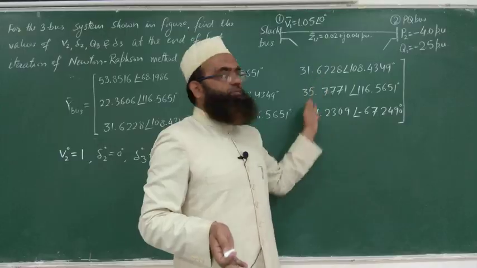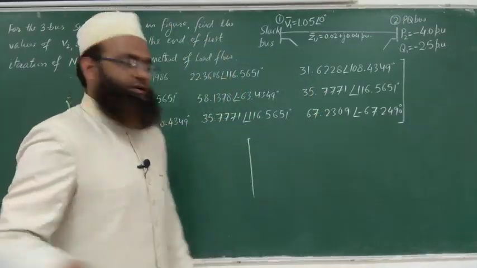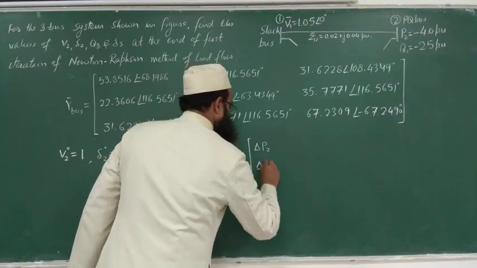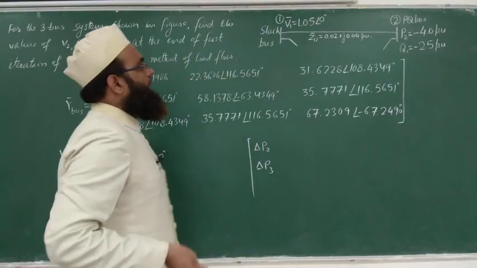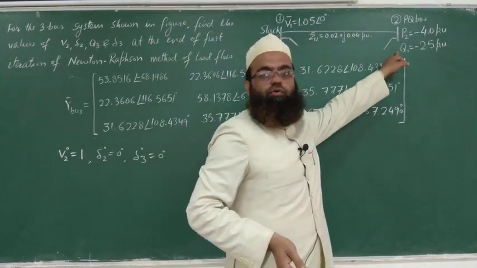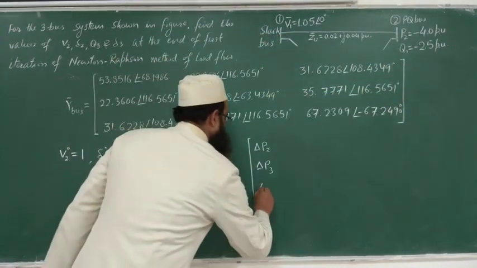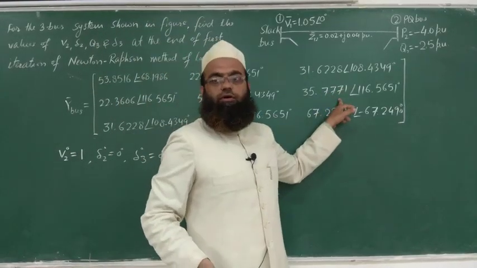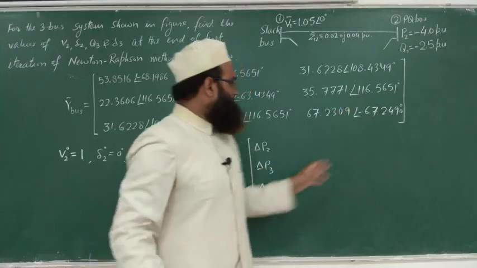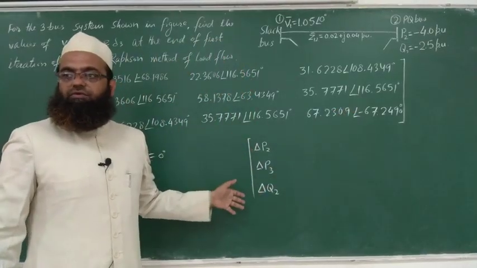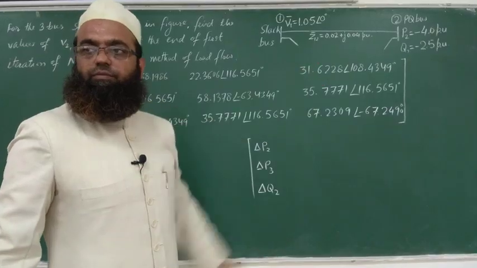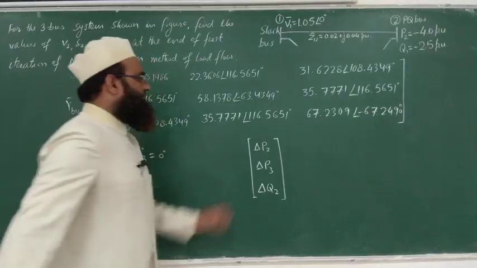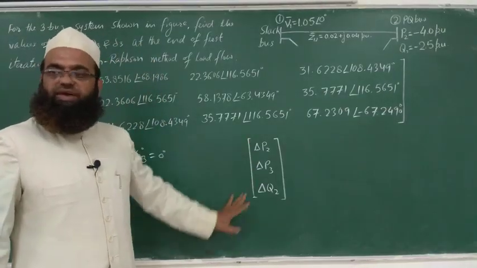Whether PQ or PV, del P will be there. So we may write del P2, del P3 and this is Q2 specified, so del Q2. So next is PV bus, so Q is not specified, so only 3 specified parameters are there in the 3-bus system given in the problem, right? So these will be the power mismatch variables and this vector is the power mismatch vector.